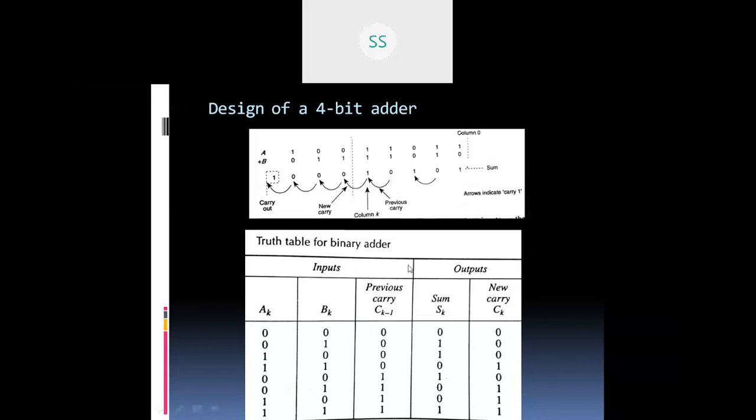So the input section of the adder has the present A and B bits along with the previous carry bit also. This also should be taken into addition. Its value may be 0 or 1, but still it is also presented as one of the inputs. Then coming to the output section, outputs are two. One is the sum, the other one is a new carry. So the sum is Sk and the new carry is Ck.